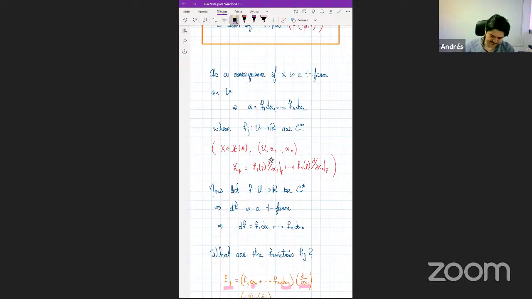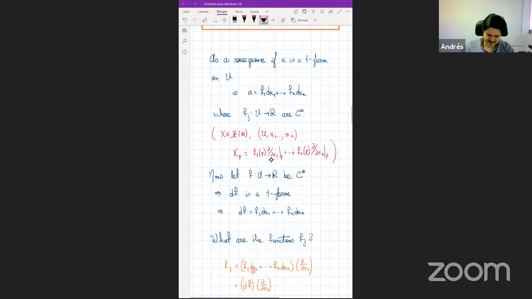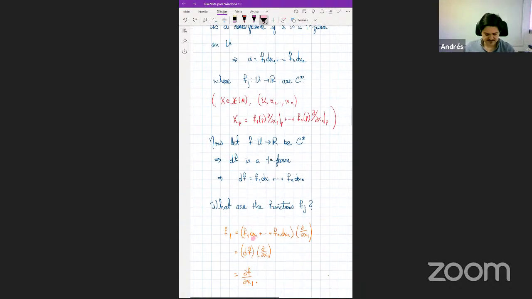Now, using the right-hand side, I will get f applied to this. Now, let's use the definition of this one form. Remember? And this is precisely this, right?